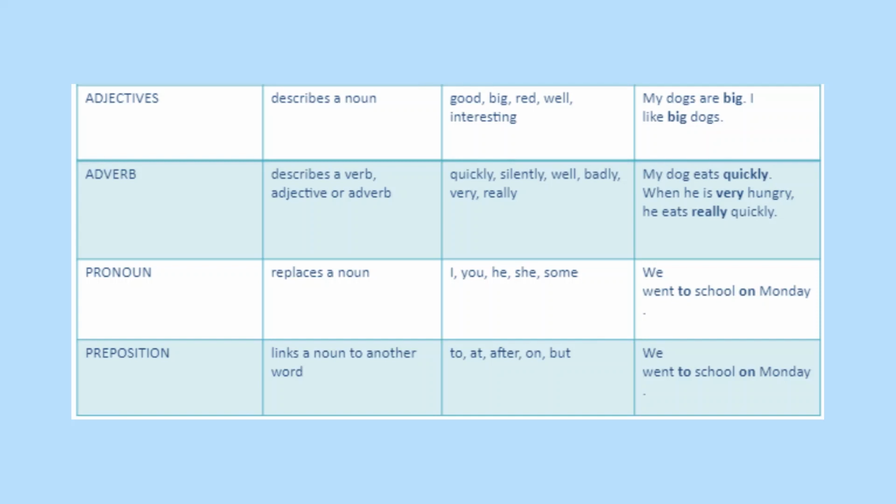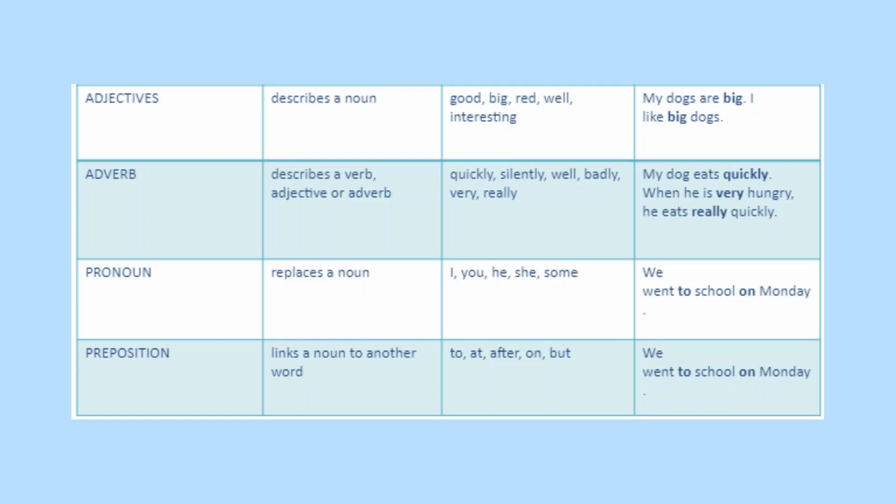Here, the adverb quickly defines the verb eats. The next sentence is, when he is very hungry, he eats really quickly. In this example, you can see two different parts. In first part, very is used as an adverb, and in second part of the sentence, really is used to define the verb eats.